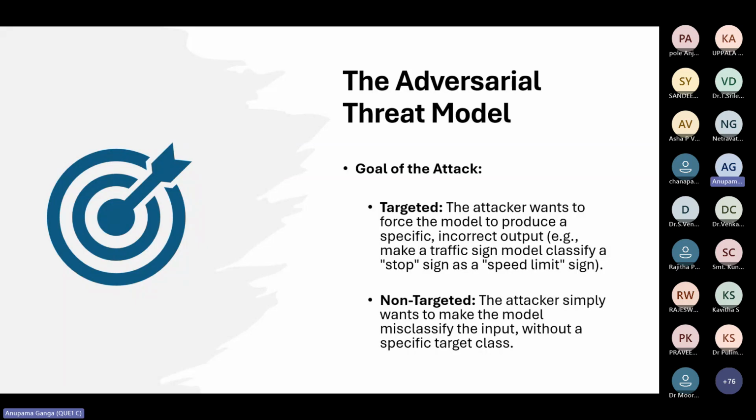But if you just want to pass the exam, it doesn't matter which question your friend shares with you. You can ask for help with any question, whichever he knows. You just want to pass the exam. So that is a non-targeted attack, we can say. Like that, we have these different types of attacks.